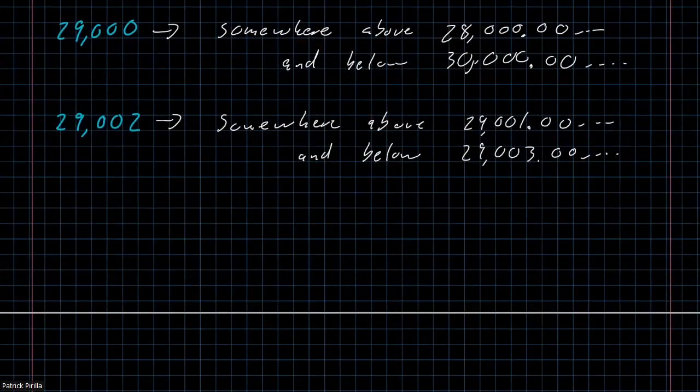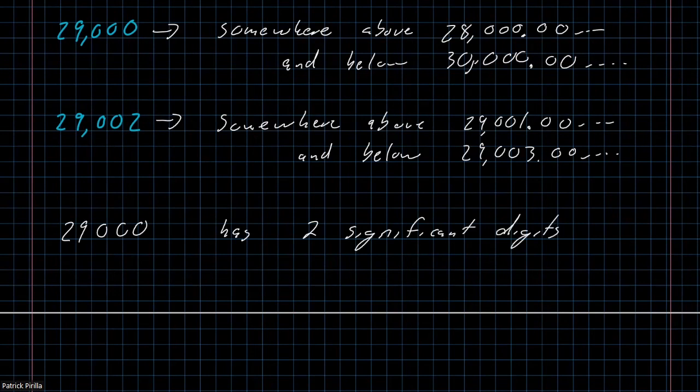And so, when we talk about the measurement of 29,000, the precision there was the nearest thousand of feet, and it has two significant digits.